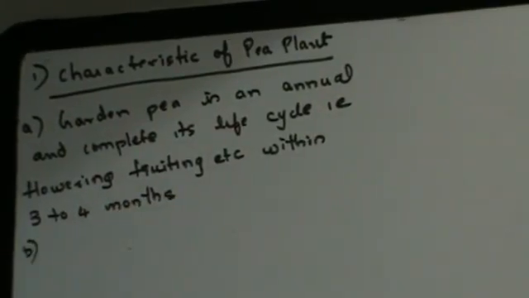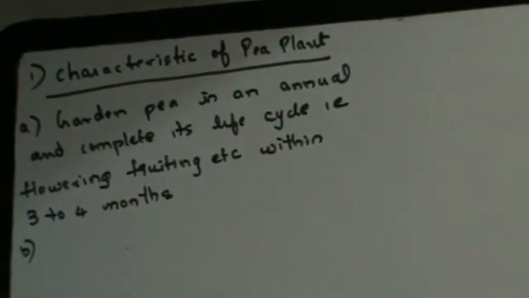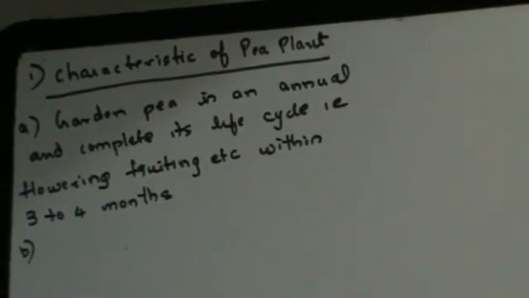Next. So you could easily have say about 3 generations in a year of a garden pea plant.